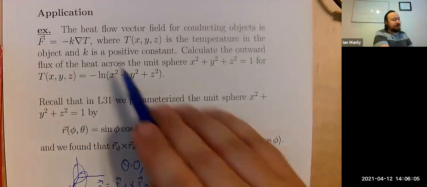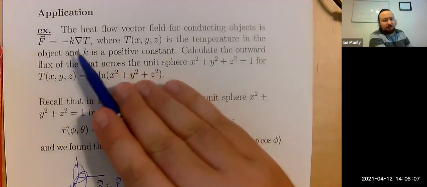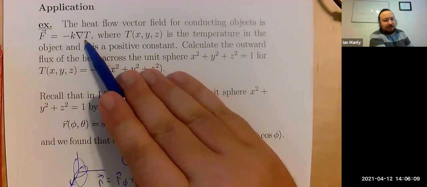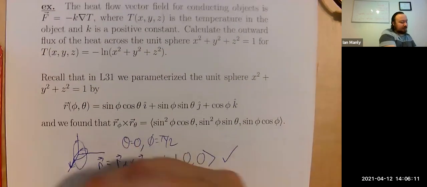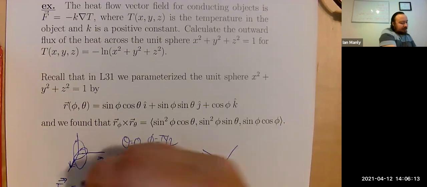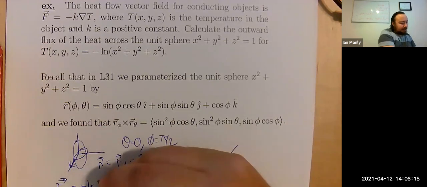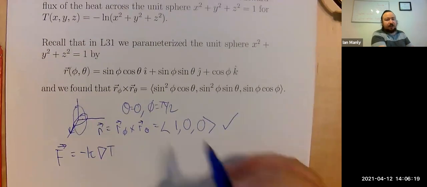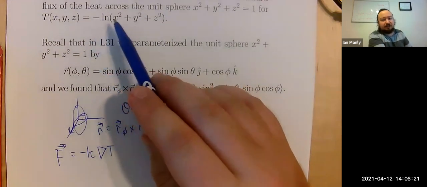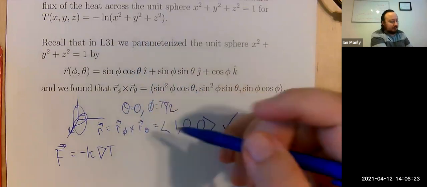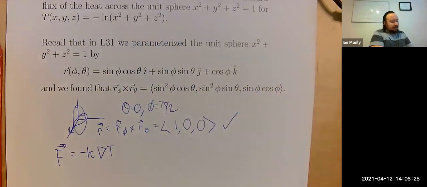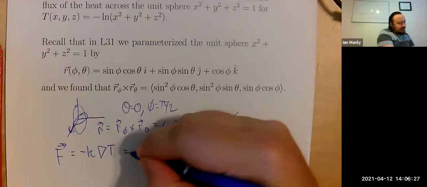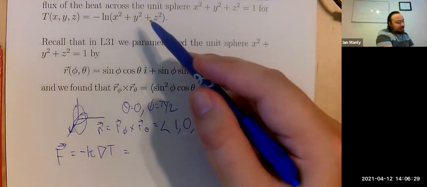So now we need to figure out what our vector field looks like here. So f is negative k times the gradient of t, and they told us that t is the negative logarithm of all this. Let's go ahead and compute the gradient.